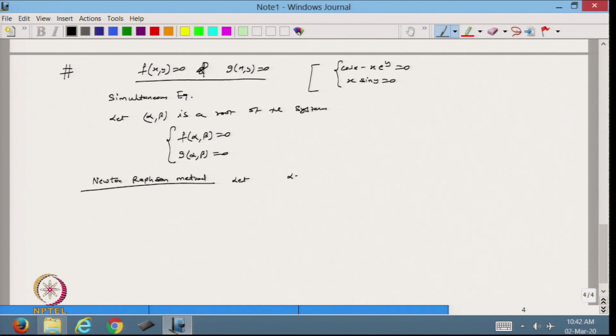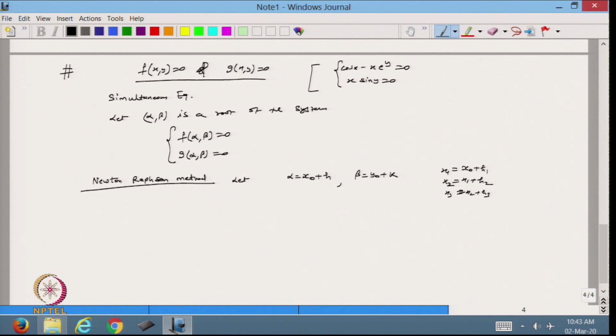So, in this case let alpha be x0 plus some h. It means that x0 is my initial guess plus some error, and I will get my solution alpha. Or I can say beta is equal to some y0 plus k. This is what I am considering, because we know that in the iterative methods, if I put x0 plus h1, then I will get x1, then I will put x1 plus h2, then I get x2, then if I put x2 plus h3, then I get x3, and so on.